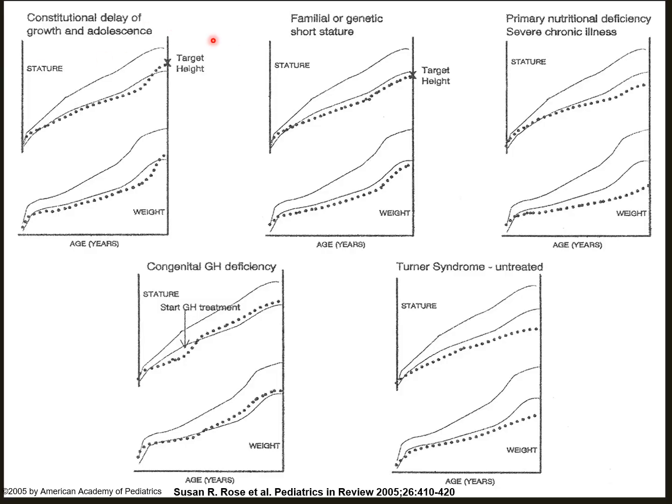This is a summary of different causes of short stature. Constitutional delay of growth and adolescence: in this case, the linear growth was initially normal, then it started to fall below the lower percentile and run parallel to it, but during the growth spurt of adolescence, the height is more affected and more obvious, and this is the time when they present.